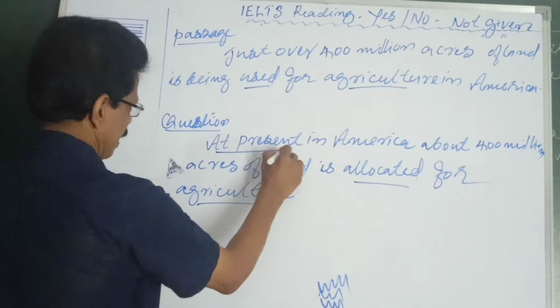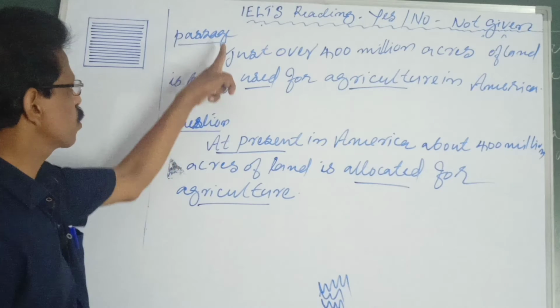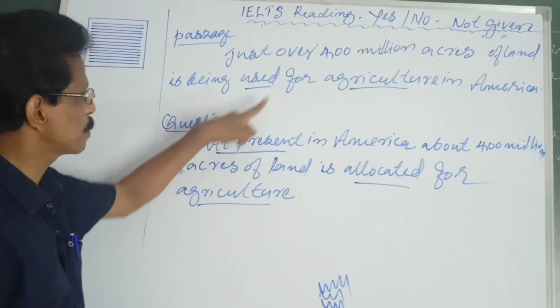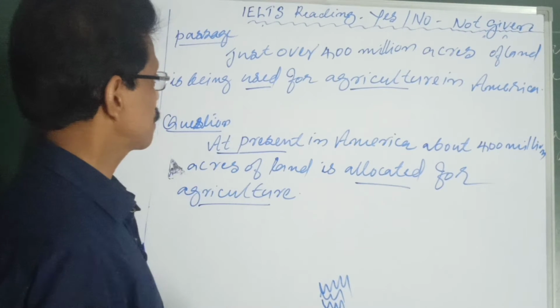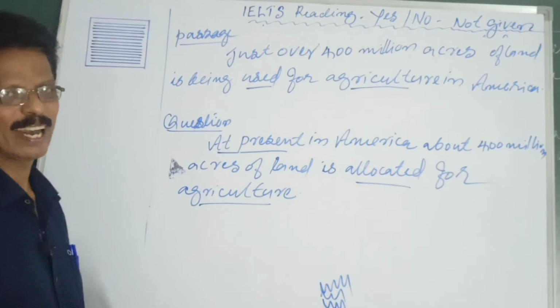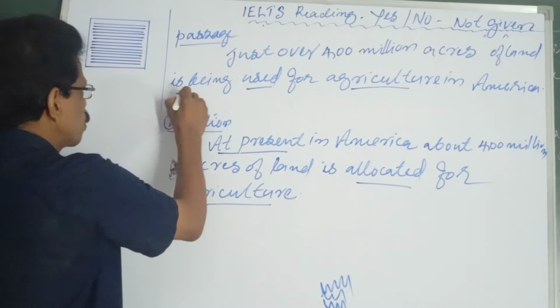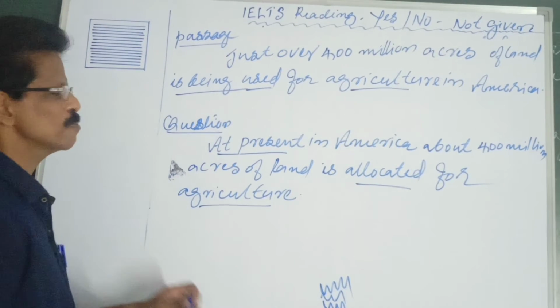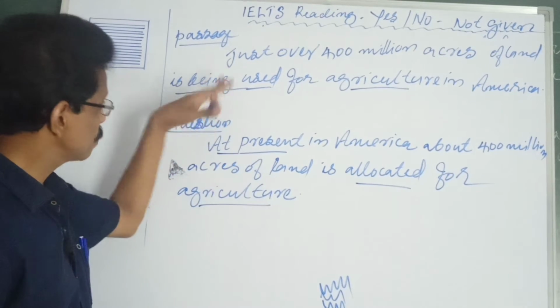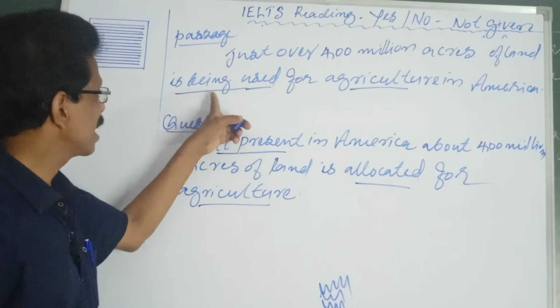At present. Is it the same as here or not? Where is "at present" here? It is not there. But see the grammar of that verb: is being used. It is present continuous passive. Is being used means what? At present. You should know the grammar of it.